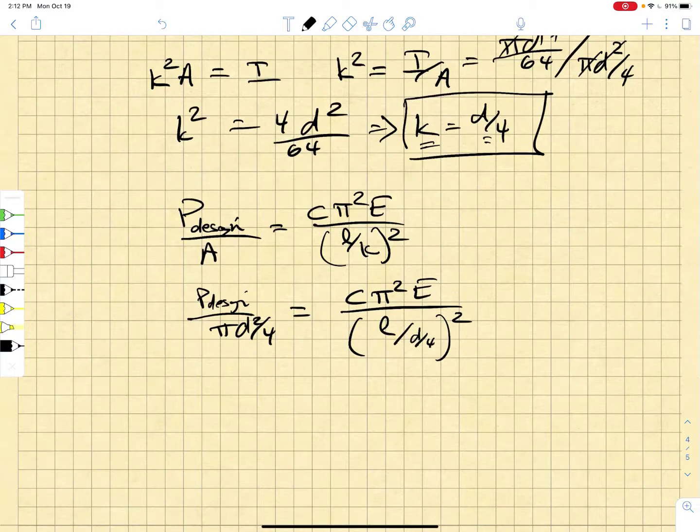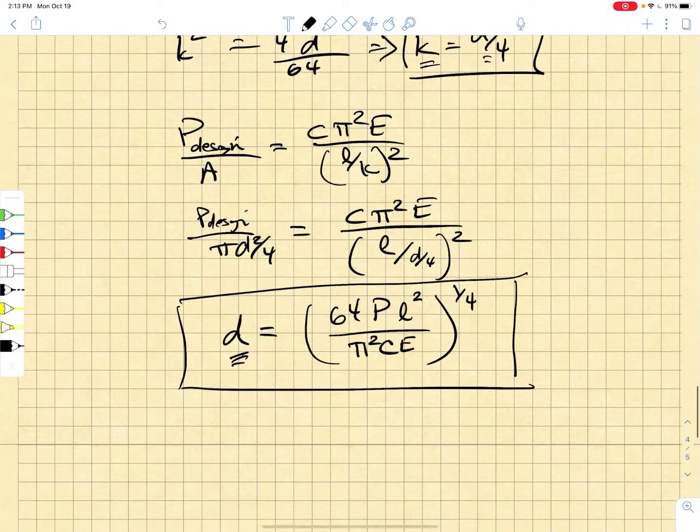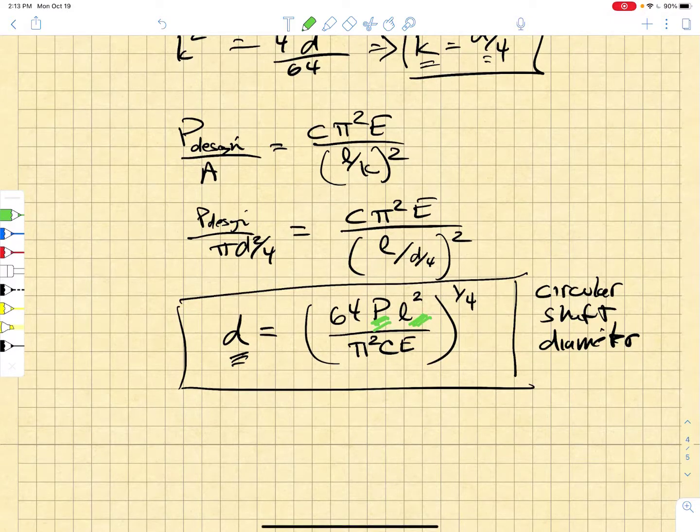This tells me that my d, if I work it all out, gives me a shaft diameter, a circular shaft diameter for a specific load over a specific length for a given set of end conditions made out of material where we know the elastic modulus. That's how you would choose the design diameter of the circular shaft.